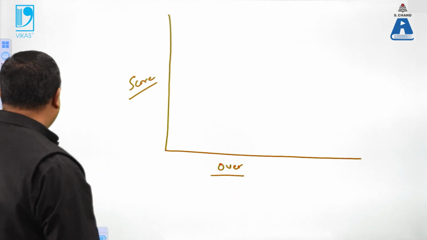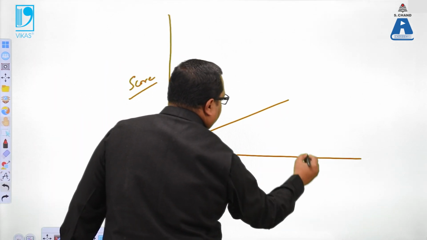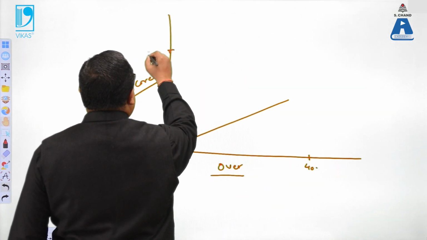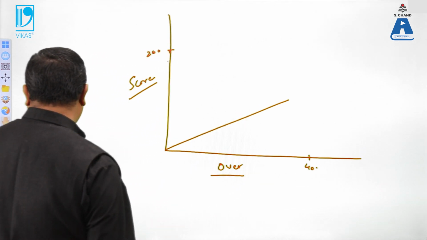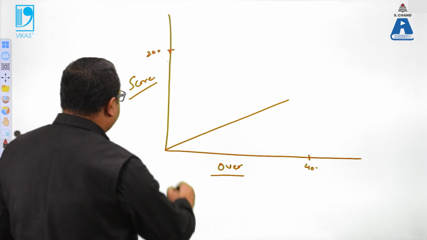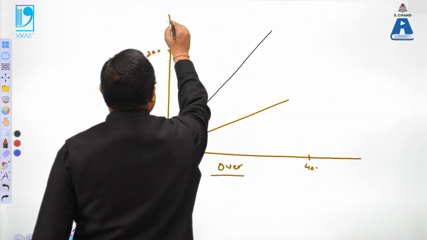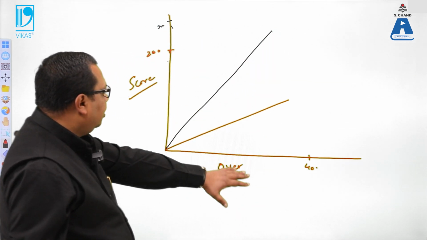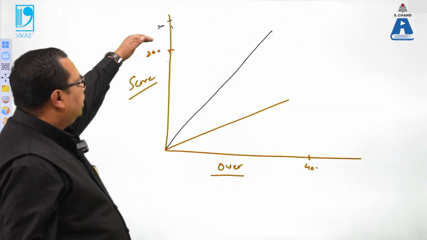Suppose I denote team A here, that after the completion of say 40 overs they are at a score of 200. And with a different color, suppose black, I have marked team B, and they are at 300. So we can say that at the same point, after the completion of 40 overs, team A has scored 200 and team B is on 300.